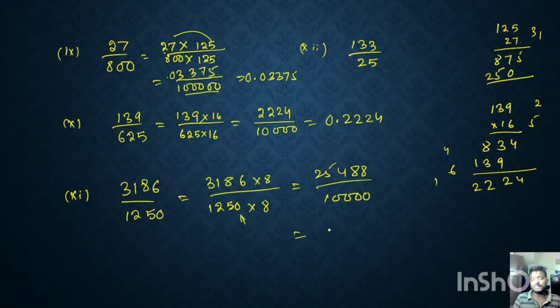So answer is 2.5488 because we put the decimal after 4 digits 1 2 3 4, then decimal. Clear? Now XI, sorry, XII.